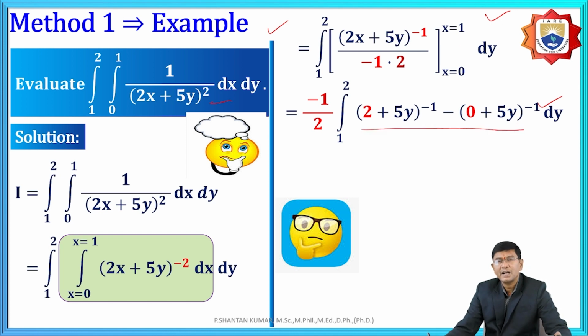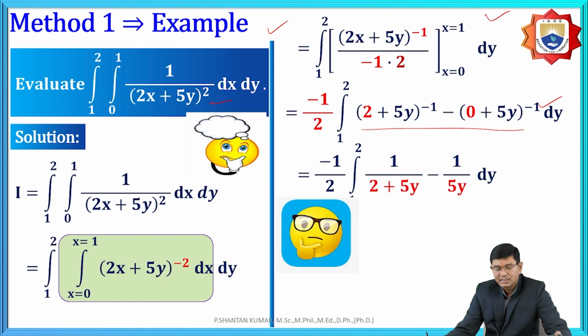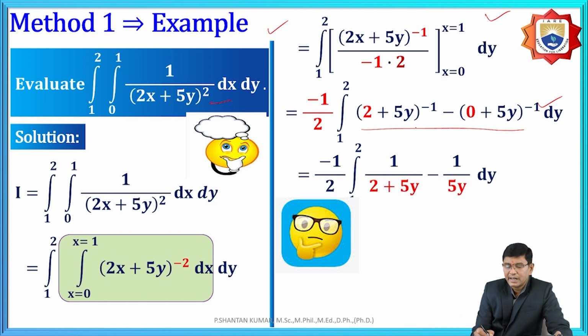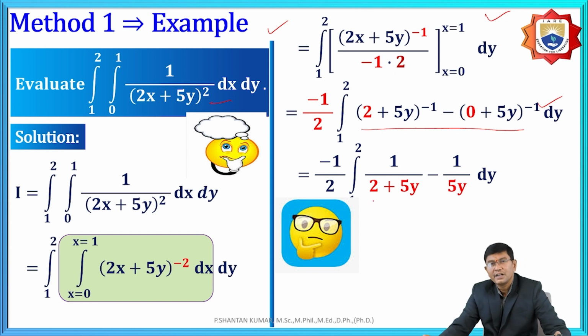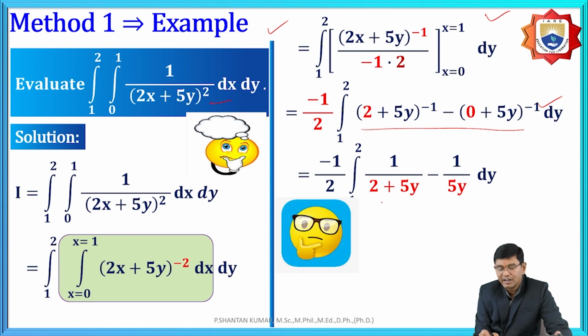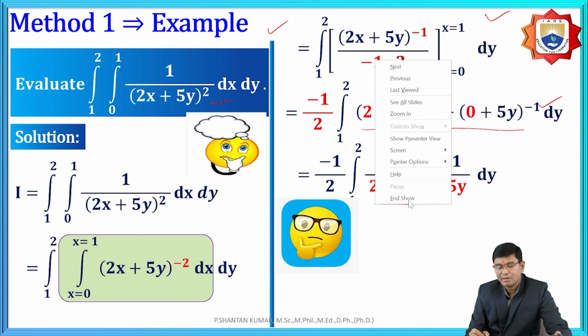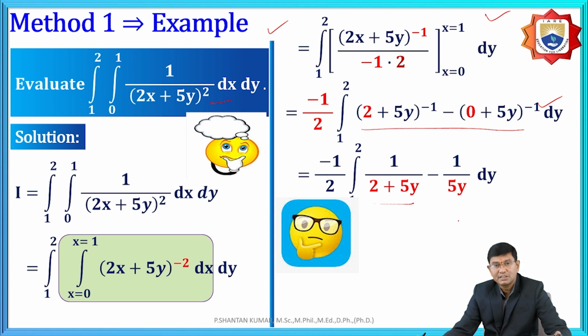Clearly we obtain this value. Once again minus 1 by 2 is taken out common, and 2x plus 5y whole power of minus 1 becomes 1 by 2 plus 5y minus 1 by 5y into dy. Here the problem is showing an integration of the form 1 by a plus bx, and first we integrate with respect to y. The integration of 1 by a plus bx is 1 by b log of a plus bx.